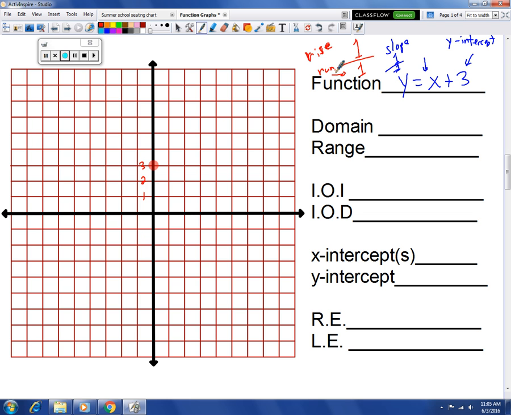We're going to rise up 1, and run right 1. So from here, we rise up 1 to right there, and run to the right 1. Okay, rise 1, run 1. I can just keep going on and on. I can go backwards too: left 1, down 1. Left 1, down 1. Left 1, down 1.